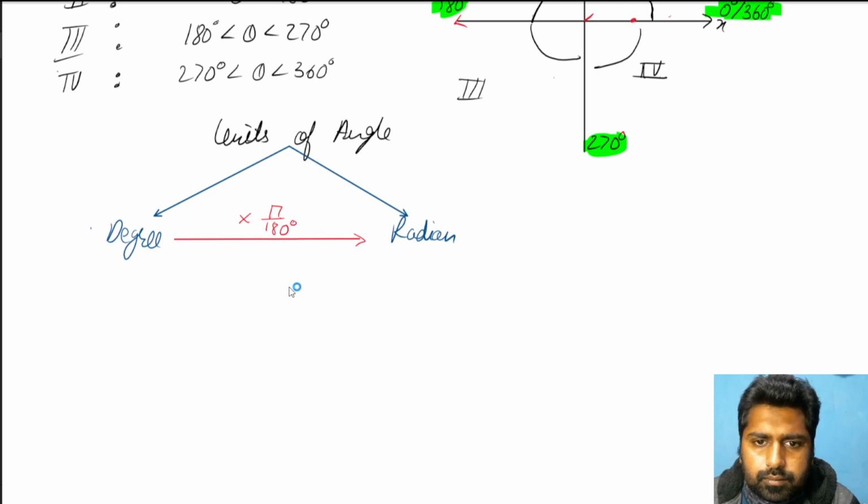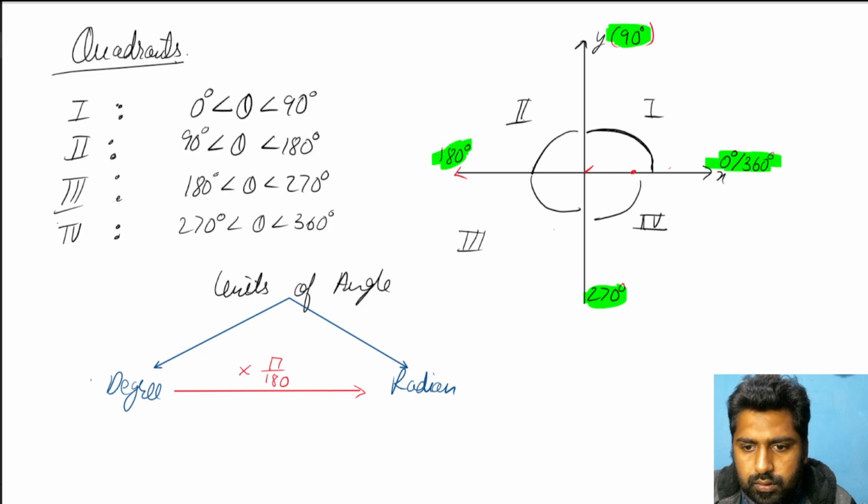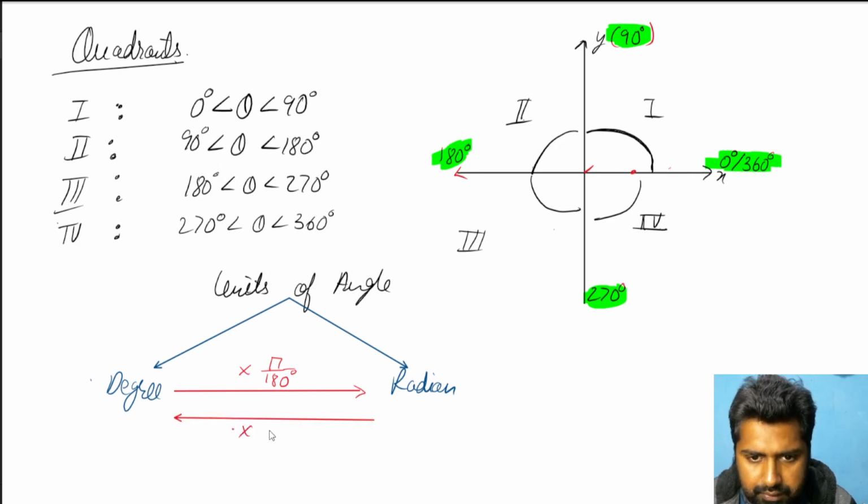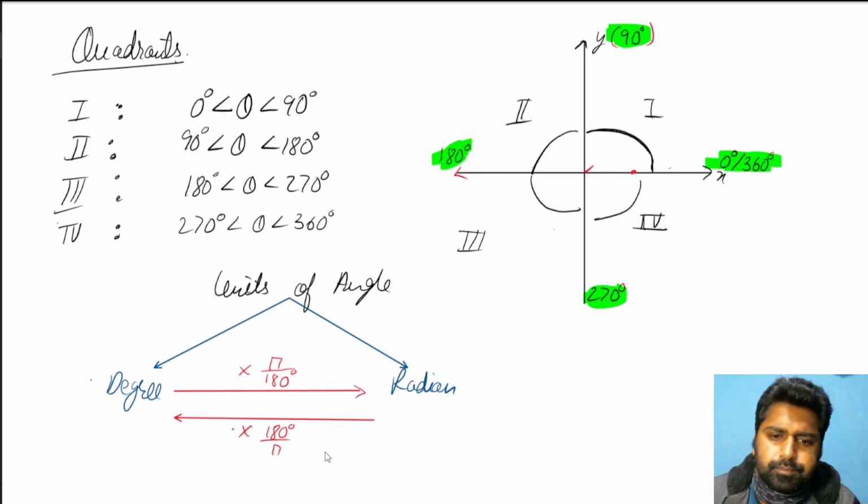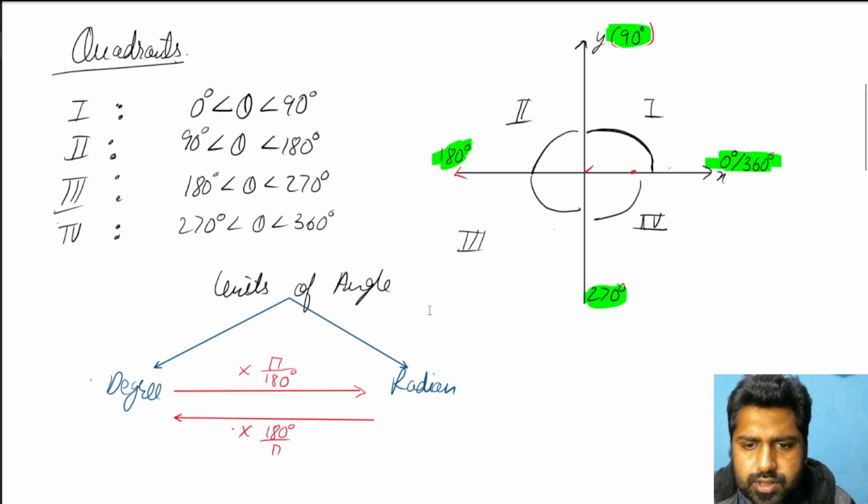And for radian to degree we multiply by 180 by pi. Let's see how this conversion system works.